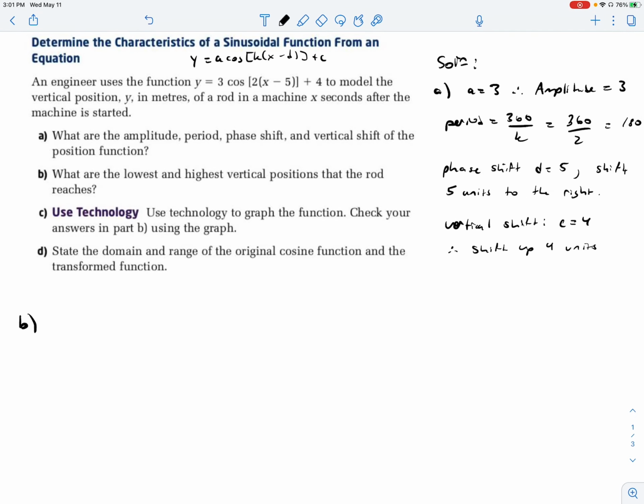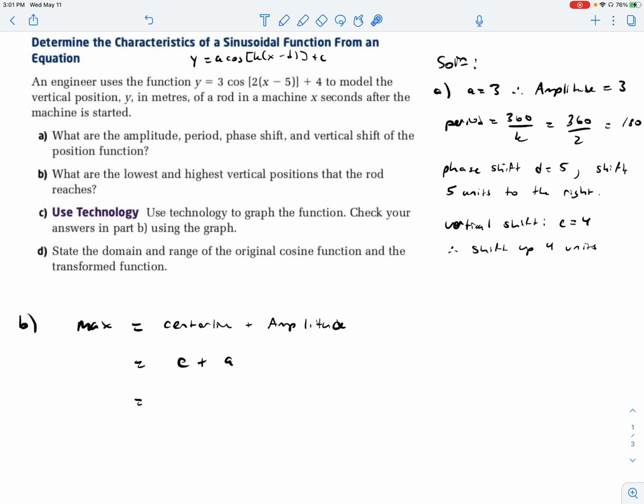Okay, part B: what are the lowest and highest vertical positions that the rod reaches? So what's my maximum value? Well, my maximum is always equal to the center line on the graph plus the amplitude. In other words, it's going to be c plus a.